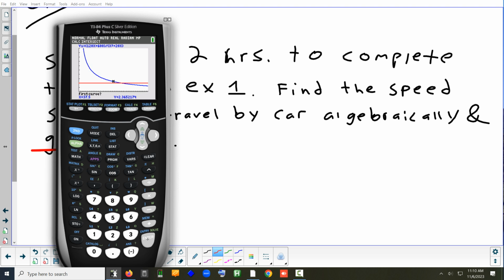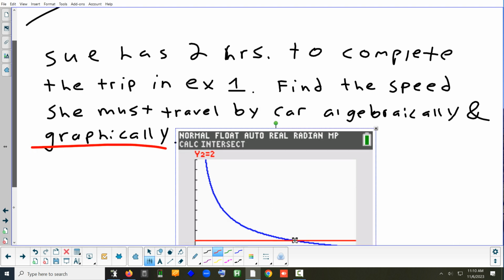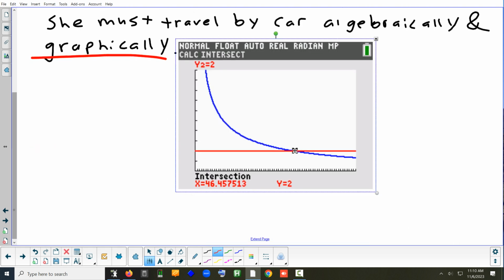And this tells me exactly if she could complete the trip in 2 hours, then x is 46.46. But what was x? The speed of the car. So that means the speed of the train would be how much? Well, the speed of the train would be 60, 66.46.